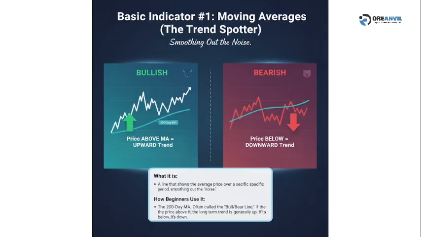A moving average is like taking a bulb, smoothing out the bumps to clean the road for you, or shining a kind of light for you to see the road properly. So what it does in the market is show you the average price over a certain time.